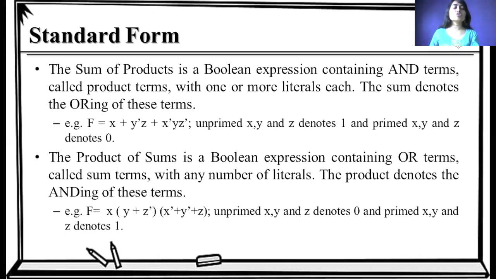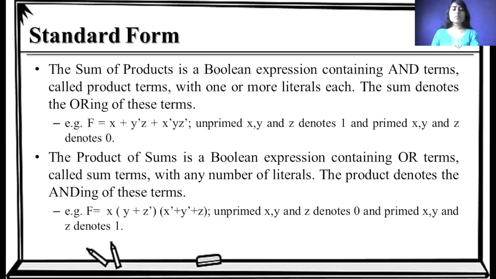F equals x.y plus z'.(x' plus y' plus z). So this is how we can write any function in the form of product of sums, with individual sum terms and then the product of these sum terms.